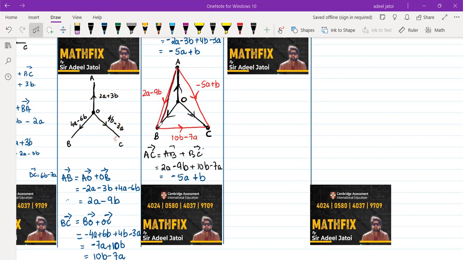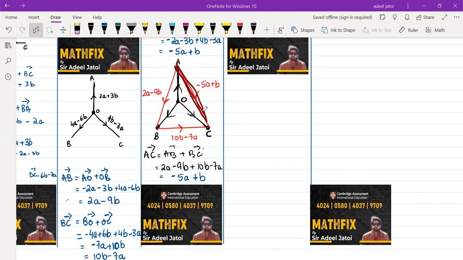Now when we had AB and BC, I do not have the magnitude inside, but I know that these two magnitudes are there, 2A minus 9B and 10B minus 7A. Using these two, I can eventually find out the same magnitude of AC. That means to find AC, I can also go through AB and BC. So you take any route, AO and OC or AB and BC. The only thing that is important is that the magnitude and the direction should be given to find out the other magnitude and direction.